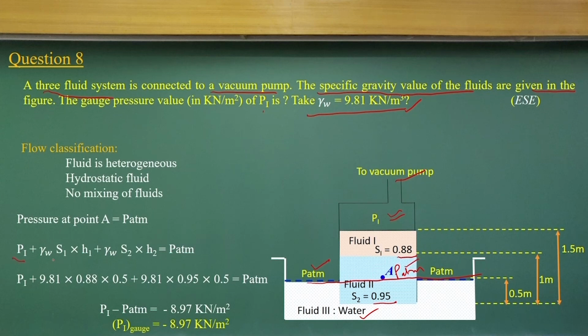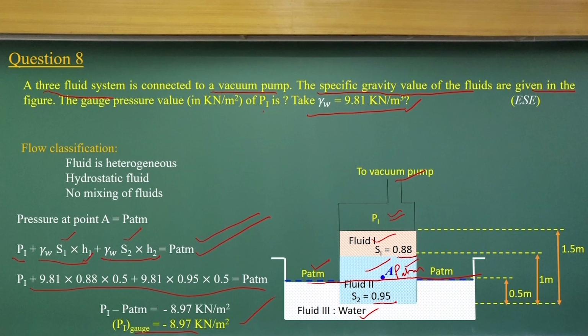As we go down, the unit weight, specific gravity into height of fluid 1, then fluid 2, specific gravity into H2, should equal the atmospheric pressure. Just equating that, we get the gauge pressure as negative 8.79 kilonewton per meter square.